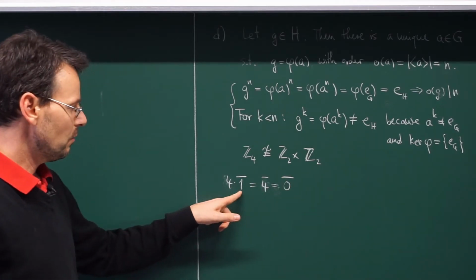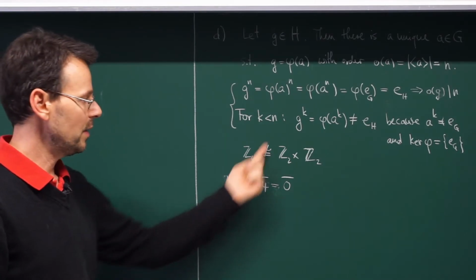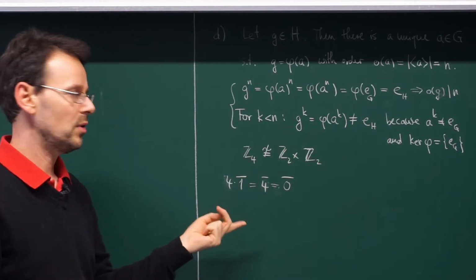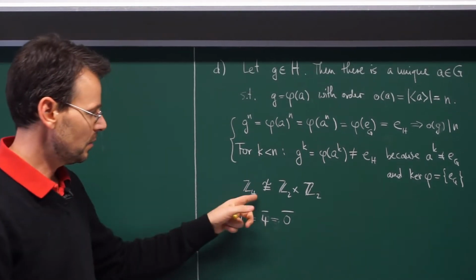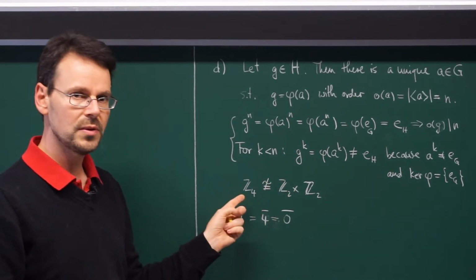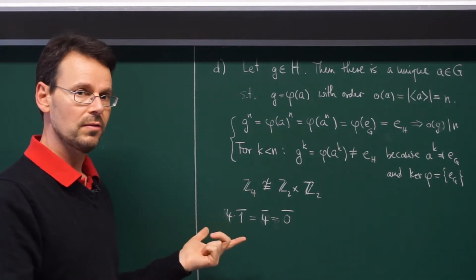So the order of 1 bar, or the residue class of 1 in this group, is actually 4. And there we do not have a single element of order 4. Therefore, those groups cannot be isomorphic. So these are both abelian groups with the same number of elements, but they are not isomorphic.